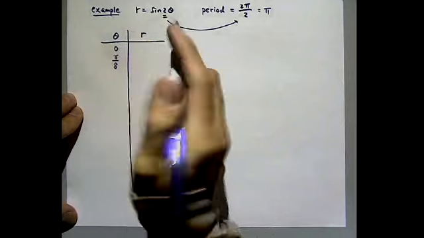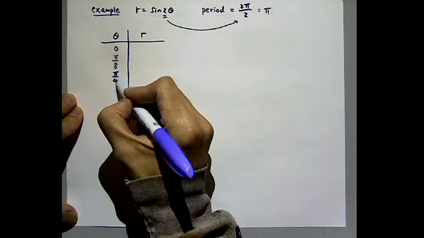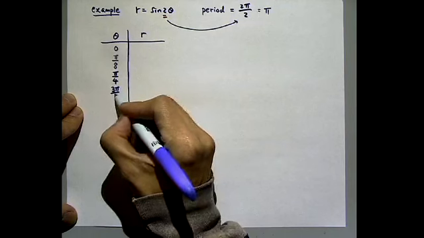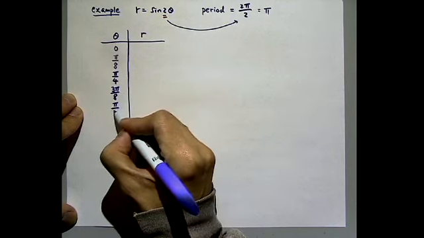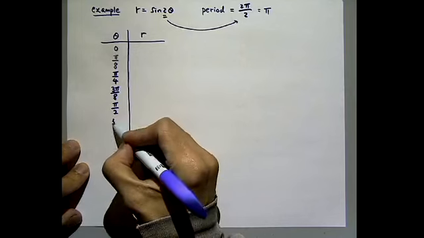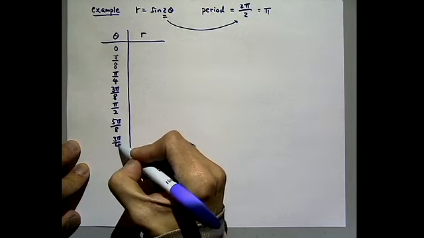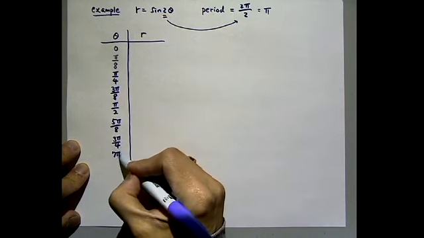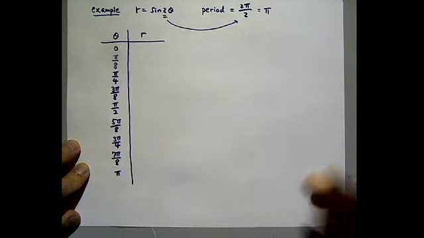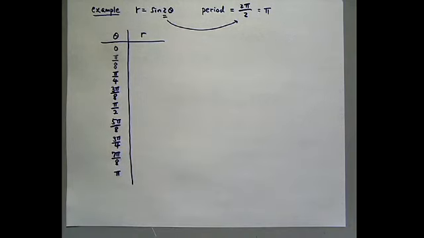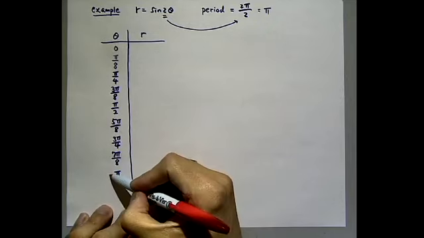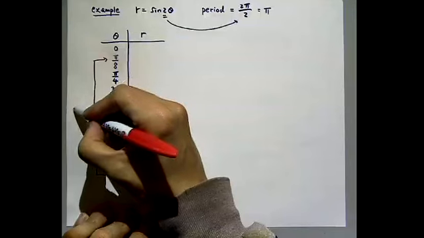So 1 pi over 8, 2 pi over 8, 3 pi over 8, 4 pi over 8, 5 pi over 8, 6 pi over 8, 7 pi over 8, and then pi. All right, and then this thing is going to repeat. So after this, we'll go back to here, and then come back down again.